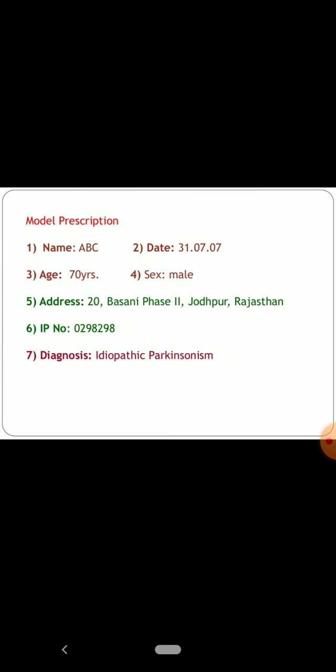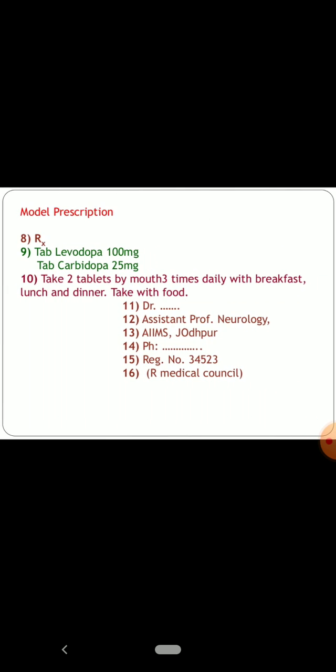A model prescription requires the name, date, age, sex, address, IPD number, the diagnosis of the patient, and the superscription, like the medicines being prescribed by the medical practitioner. Take 2 tablets by mouth 3 times daily with breakfast, lunch and dinner.